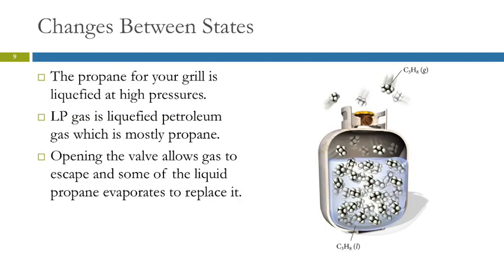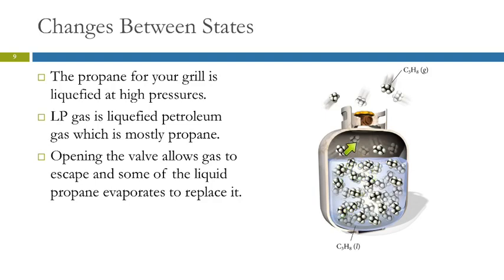Let's talk about propane. So LP gas is liquefied petroleum gas. It's mostly propane. So here's a propane cylinder like you might have for your backyard barbecue. It contains liquefied petroleum. It's naturally in the gas state, but if you put it under enough pressure, you squeeze it together hard enough, you can cause it to condense into a liquid.